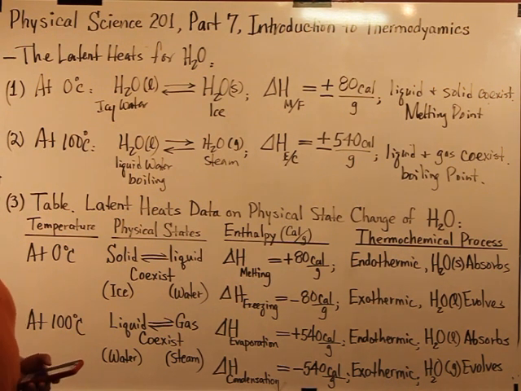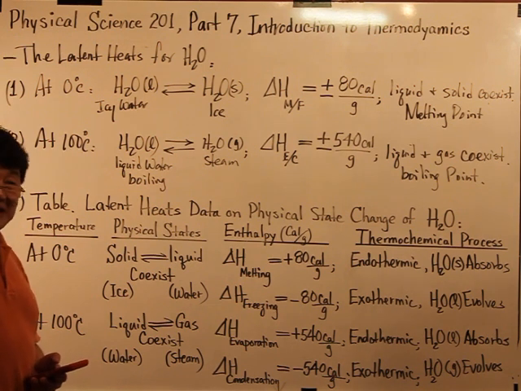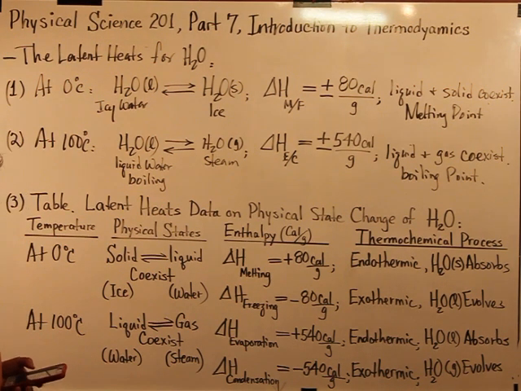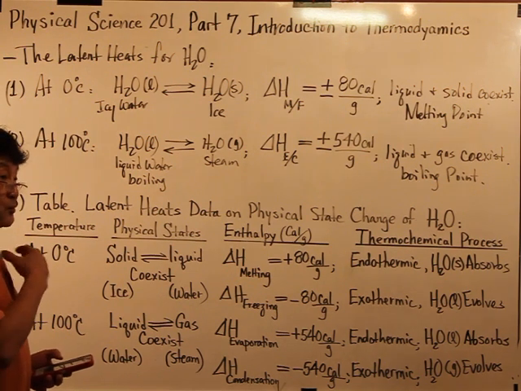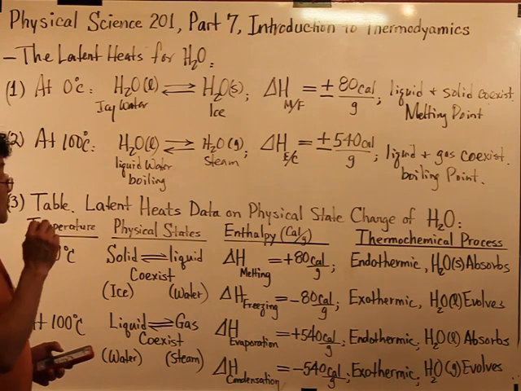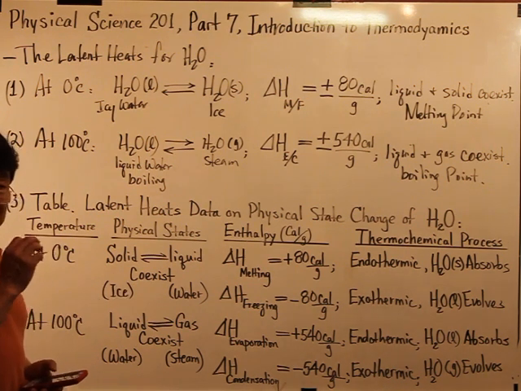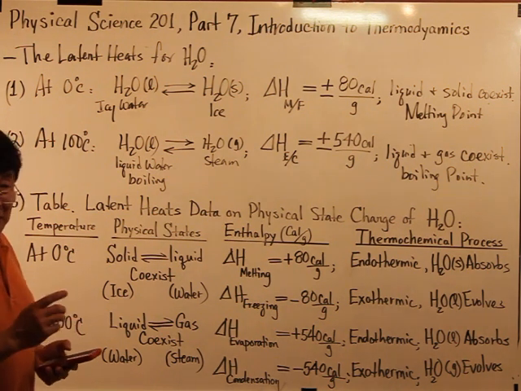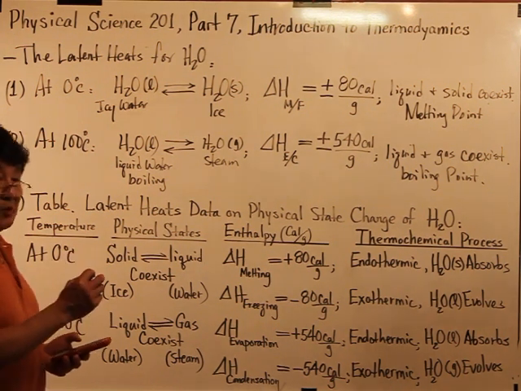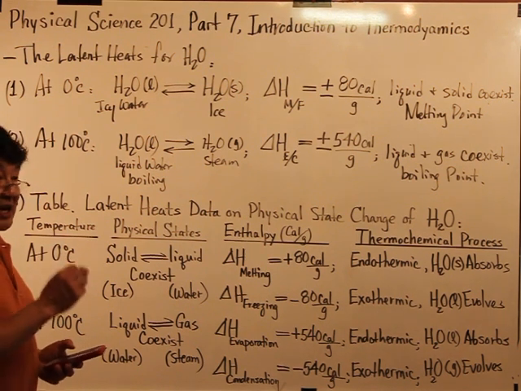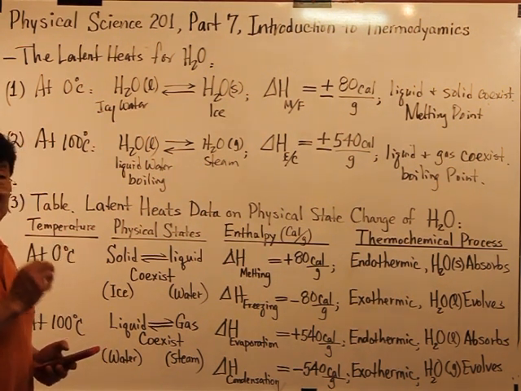Well, because you have two coexisting physical states. It can go either way. If you absorb heat, you can melt ice into liquid water. If you lose heat from the icy water, then it can be frozen into solid ice. They both happen at exactly 0 degrees Celsius.